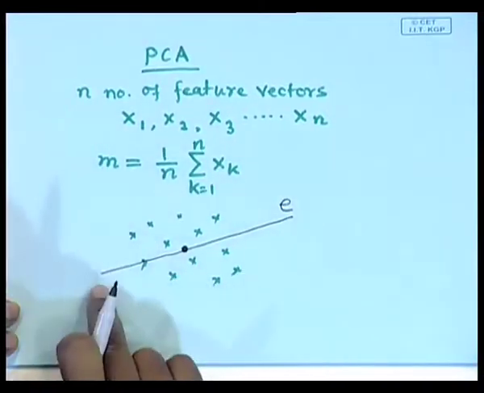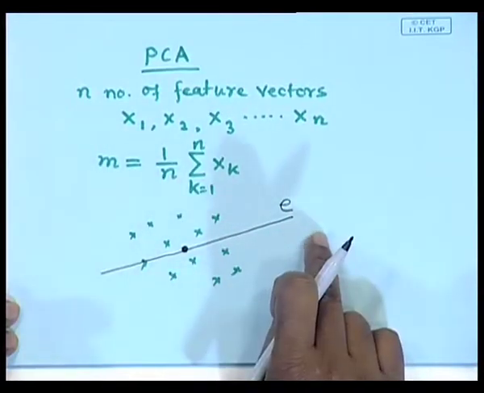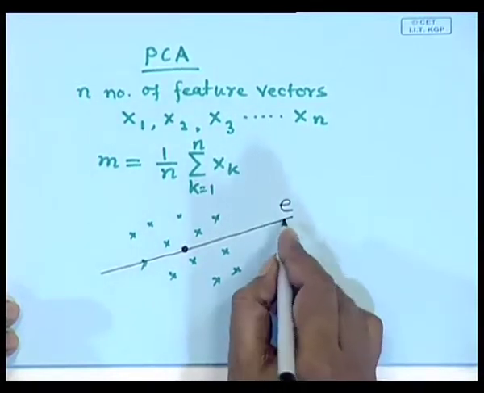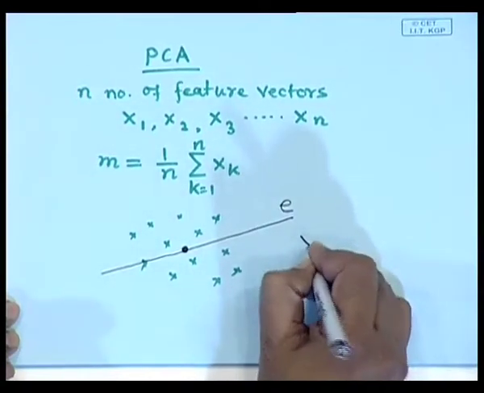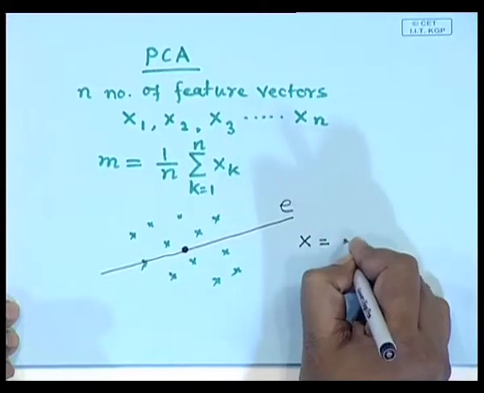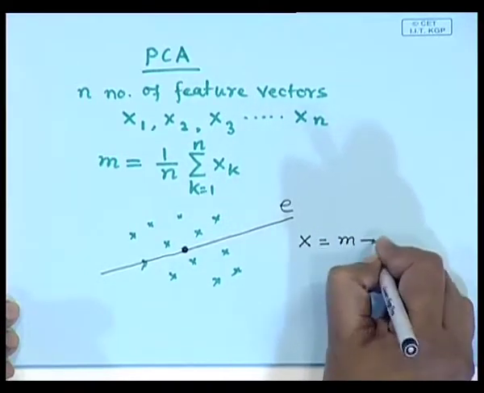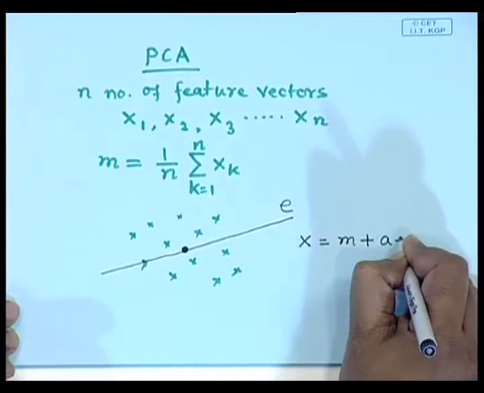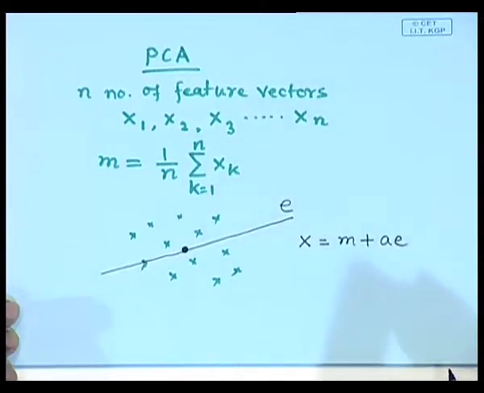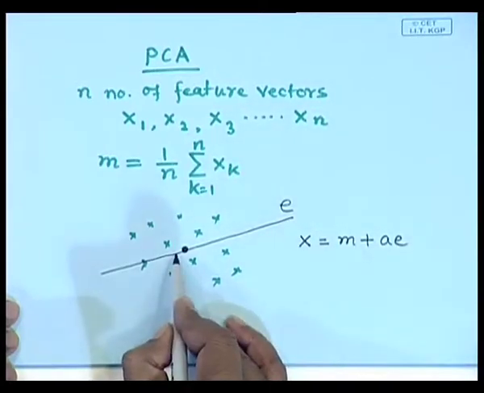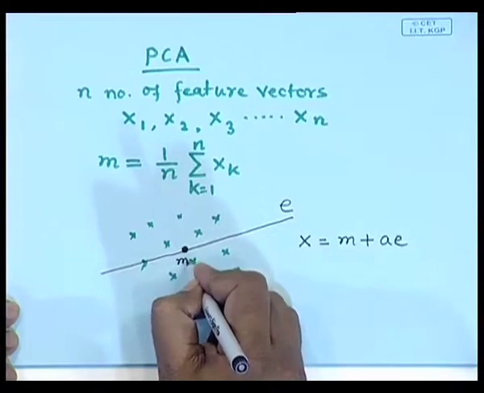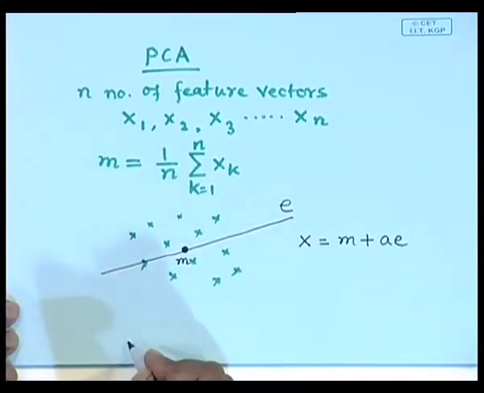Then the equation of this line will be given by x equal to m plus a e, because it passes through m, the mean of the given feature vectors.